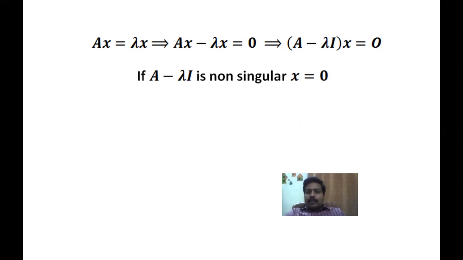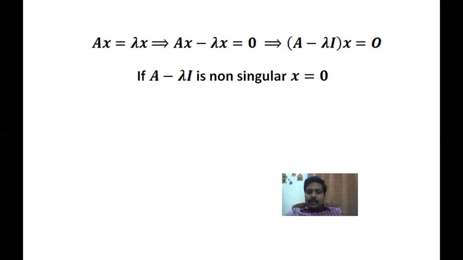Let us assume that A minus lambda I is some B. Now it is in the form Bx equals O. The solution for this is nothing but the null space of B, where B is A minus lambda I. If this matrix B, or A minus lambda I, is non-singular, then the dimension of the null space will be 0, and hence x is only the zero vector.